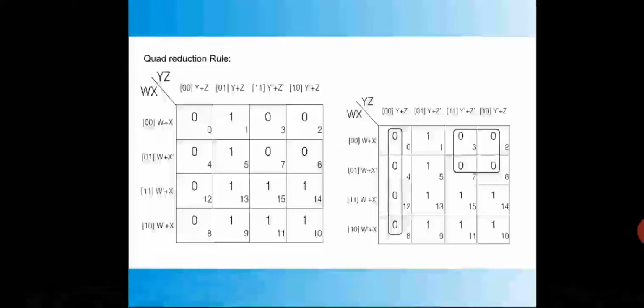Now you can see in this example, in the right hand side image, you have a series of zeros. So quad zeros, complete quad adjacent cells are combined and grouped together. All the zeros are grouped together. You have to remember why you are grouping here: because it is an OR operation, and at the end you are going for ANDing of the things.